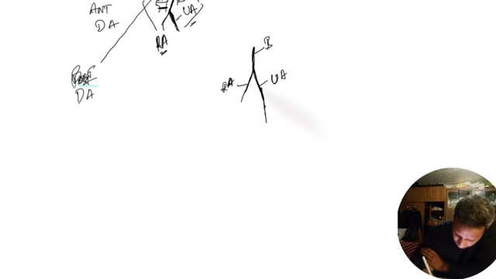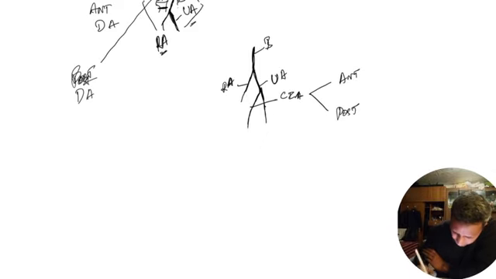There is another branch coming from your ulnar artery called the common interosseous artery. Your common interosseous artery divides into two, giving an anterior branch and a posterior branch.